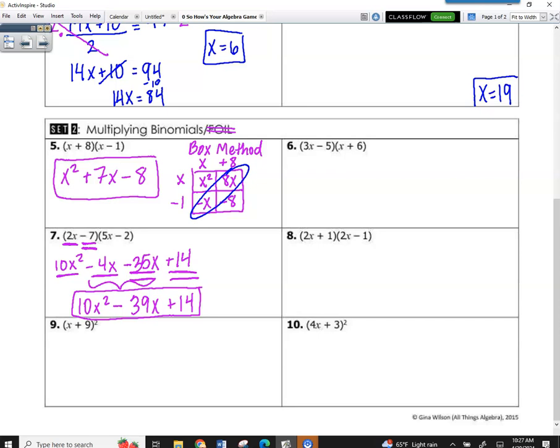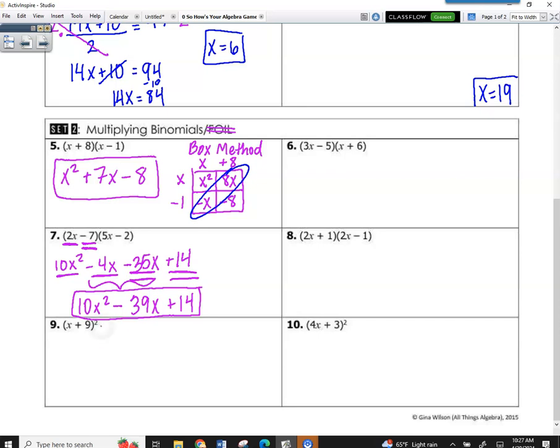Got to multiply by the 2. Number 9, what looks different? What looks different here? They just got the one set of parentheses. We don't have a second one. But what is here?